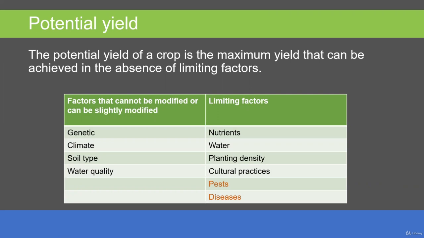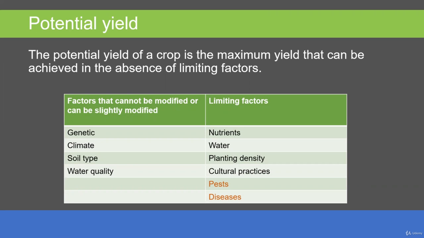Soil type affects the yield. Water quality affects the yield. Nutrients, the nutrients that are in the soil or water, or the nutrients that we provide with fertilizers. So this can be a limiting factor. Water can be a limiting factor. Planting density, cultural practices, pests and diseases.